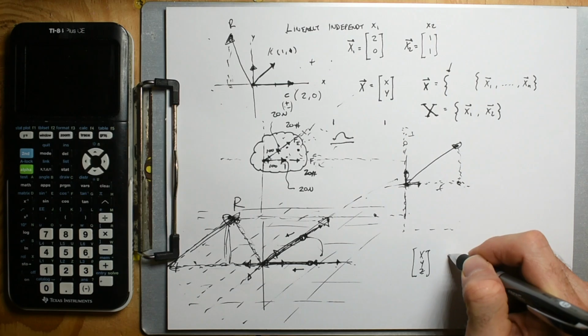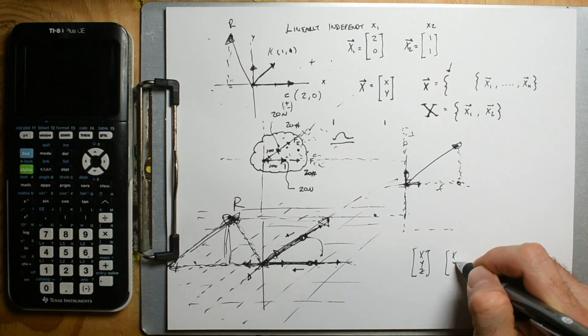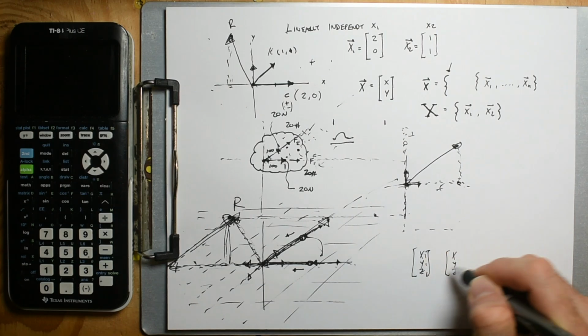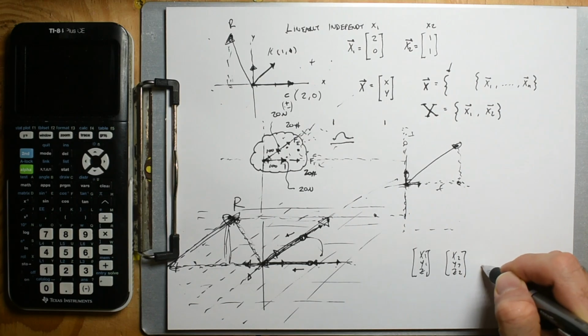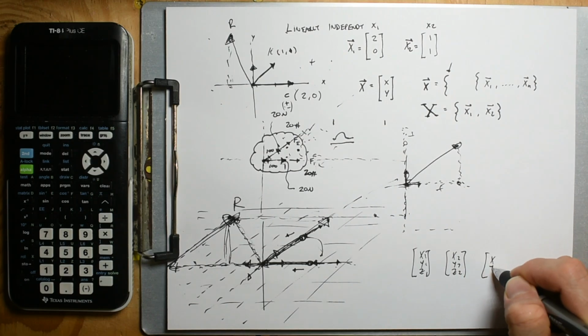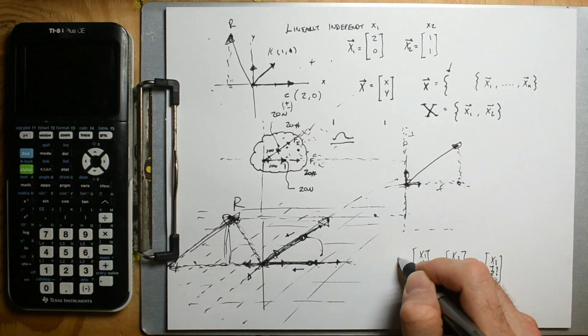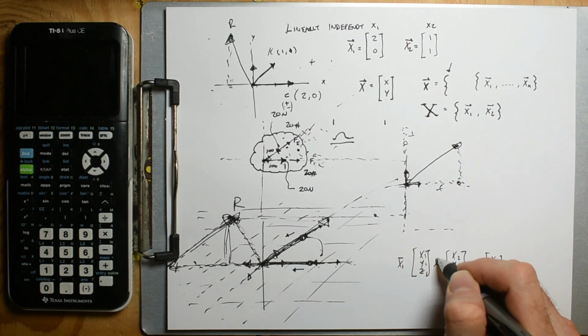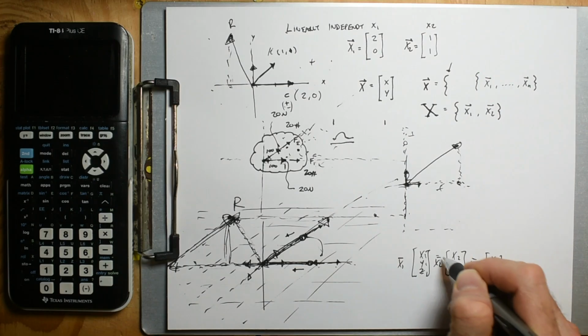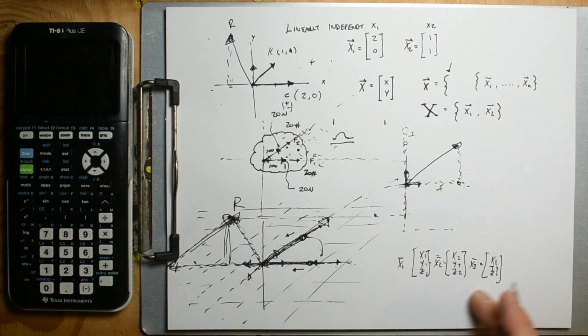You're going to have three of these: x, y, z, 1, 1, 1, 2, 2, 2, and then x, y, z threes. And so this is going to be x1, x2, and x3.